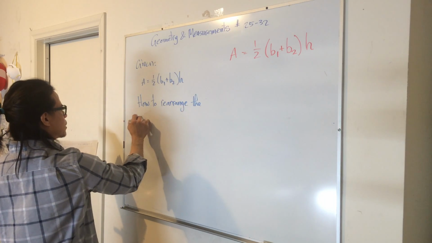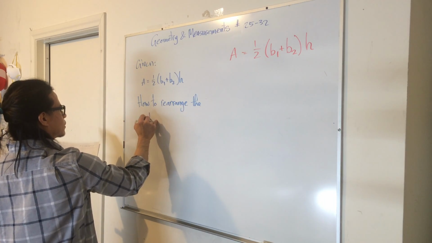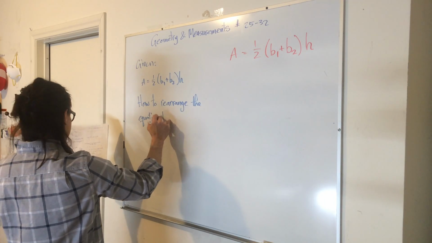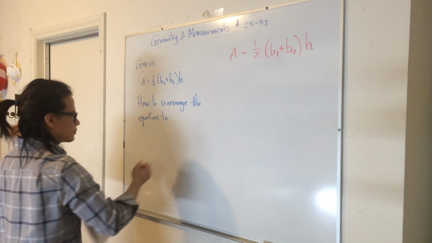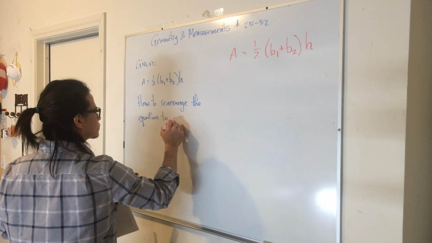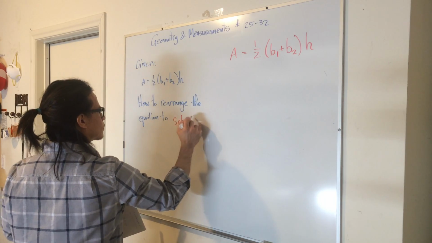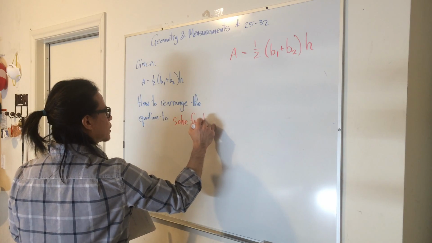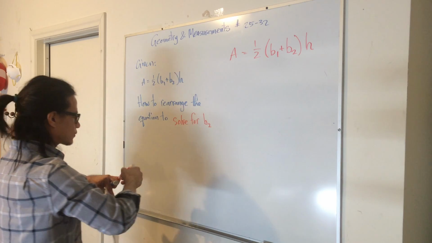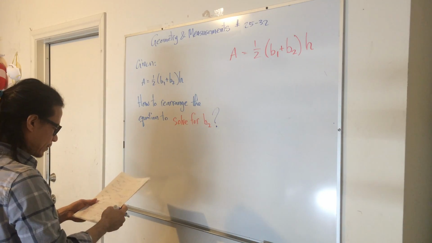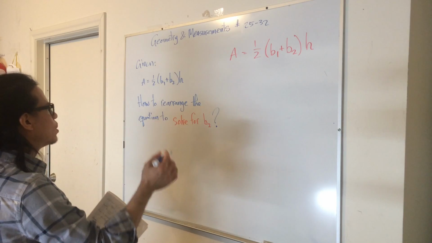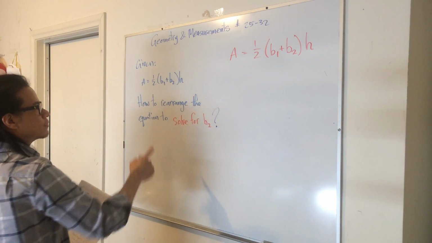Okay, rearrange the equation to solve for B2, for example. So remember, the goal is to get B2 by itself.